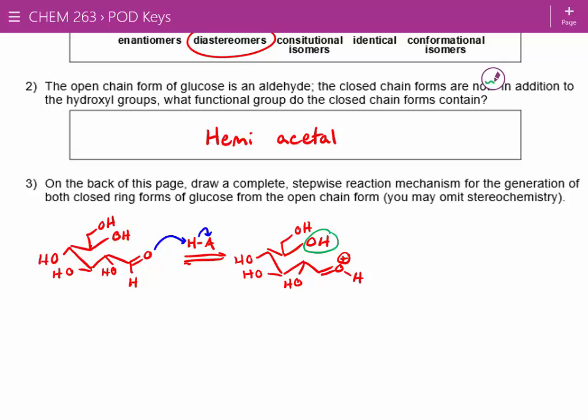Well, it's proximity, but why doesn't the alcohol above it attack in? It wants to make a six-membered ring. That's key for this. We know in organic chemistry, six-membered rings are highly favored. So this alcohol will attack in. Oop, let me fix this.